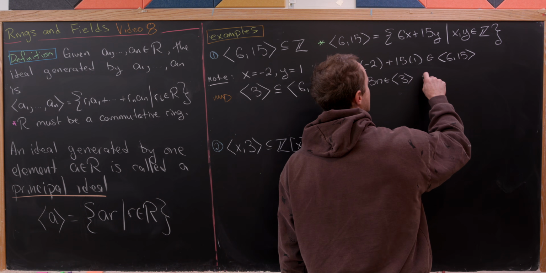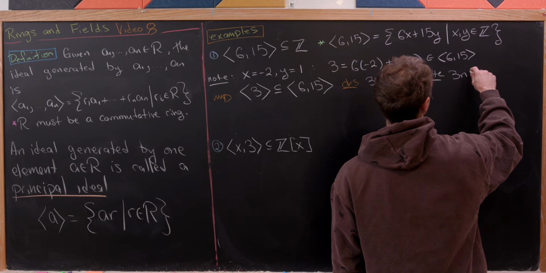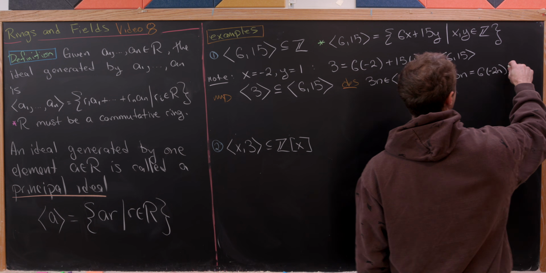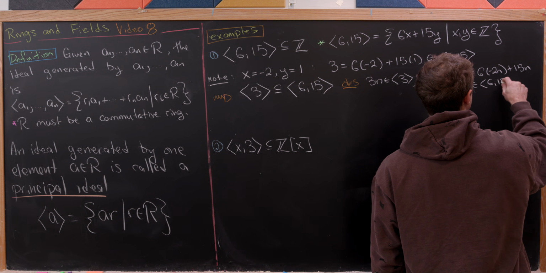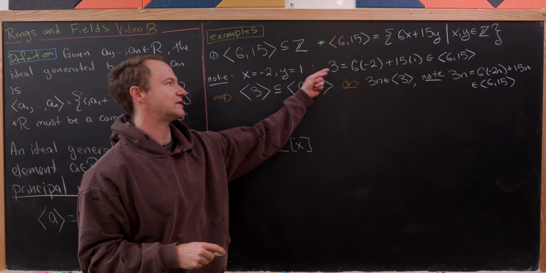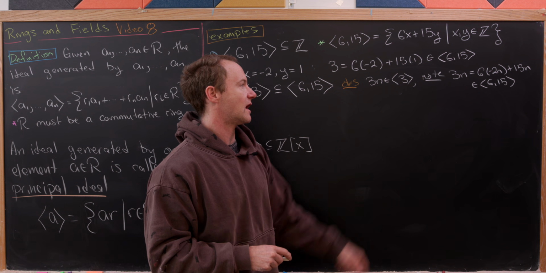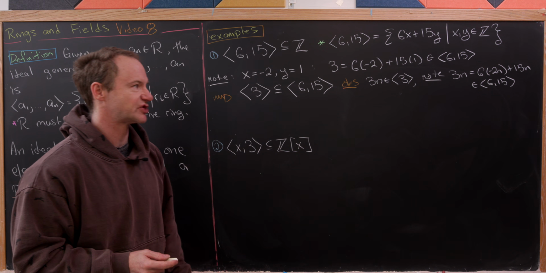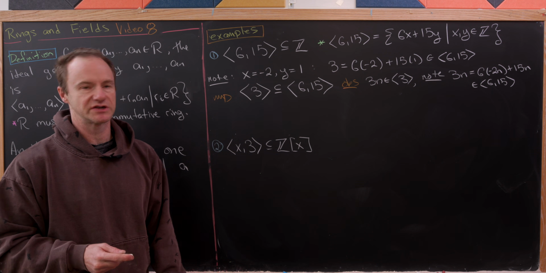And then let's notice that 3 times n can be written as 6 times -2n plus 15 times n, which is an element of (6, 15). Well, essentially what we did is we just took this equation right here and multiplied it by n. So starting with an element of the ideal generated by 3 and showing that it's inside of the ideal generated by 6 and 15 is exactly what it takes to prove this subset relationship right here.